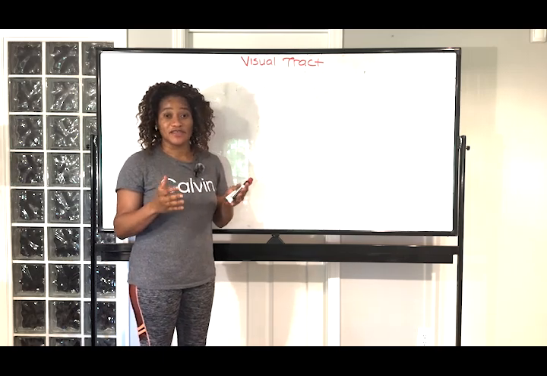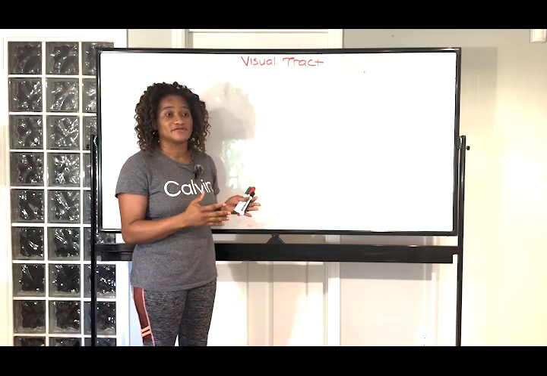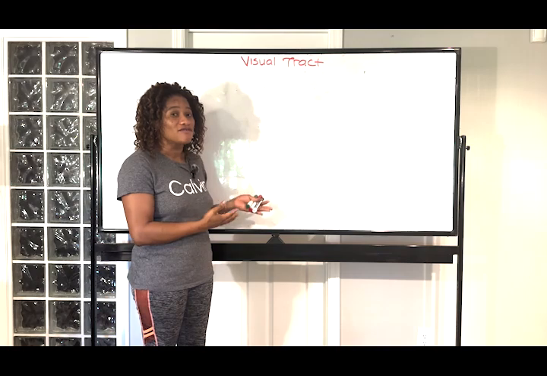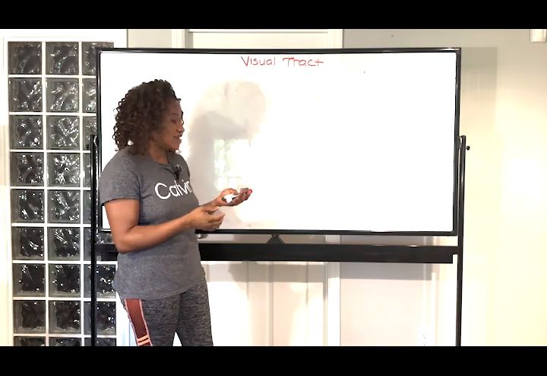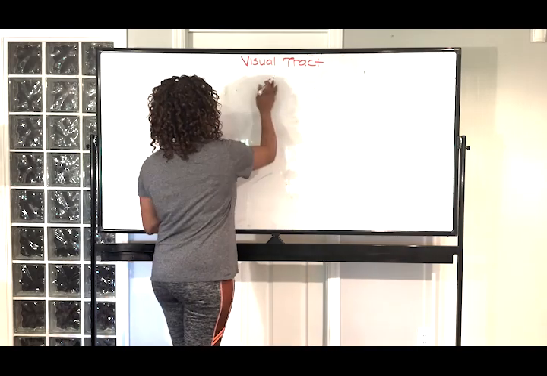So these are the main three principles that we need to keep in mind in order to understand this oversimplified visual tract. So let me go ahead and draw a diagram.